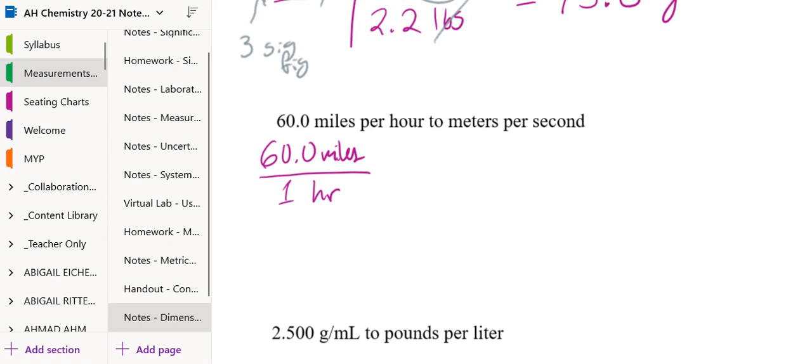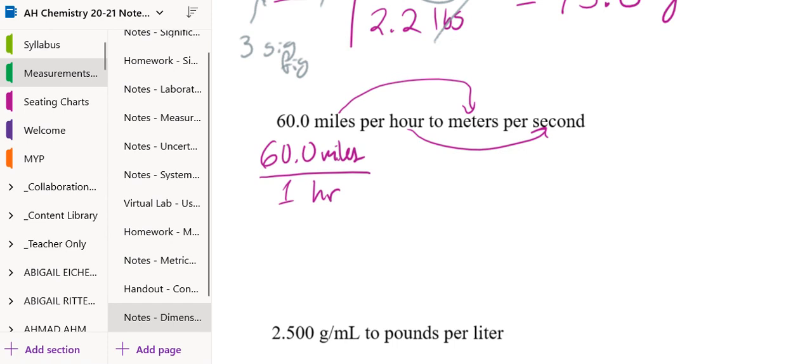And we're asked to convert to meters per second. So we're going to have to convert miles into meters and hours into seconds. We're going to have to do both.